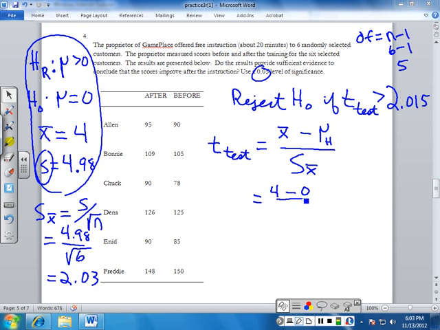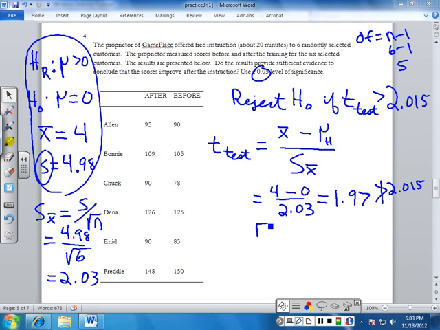So that's 2.03. About 1.97. And that is not greater than 2.015.